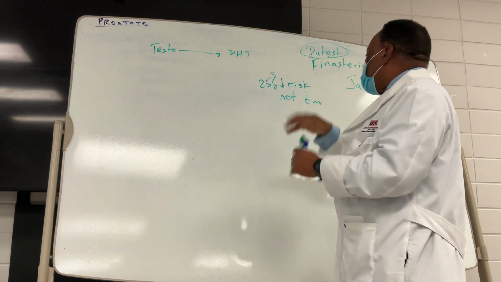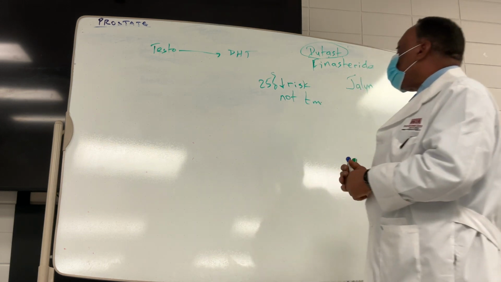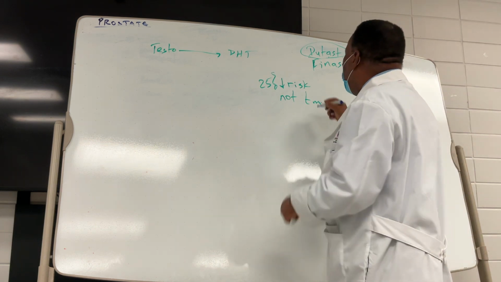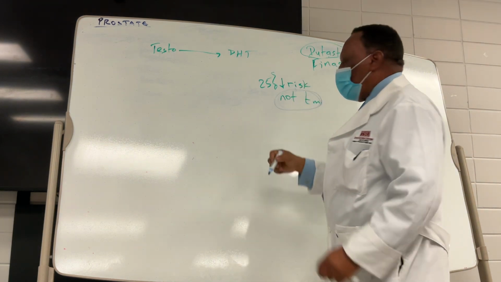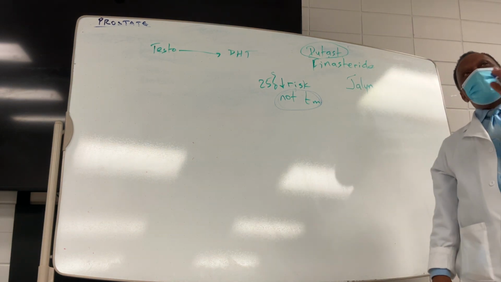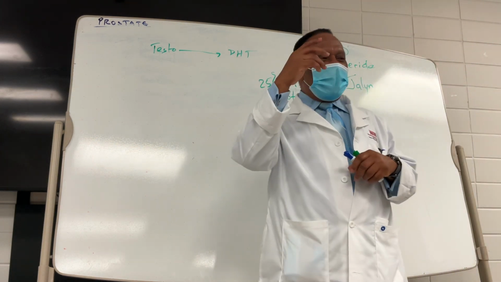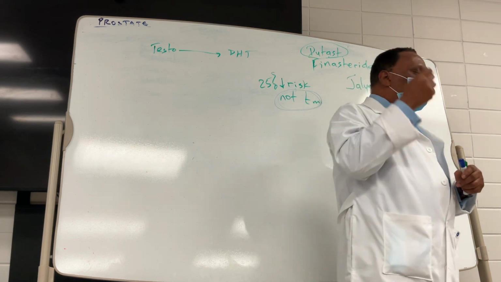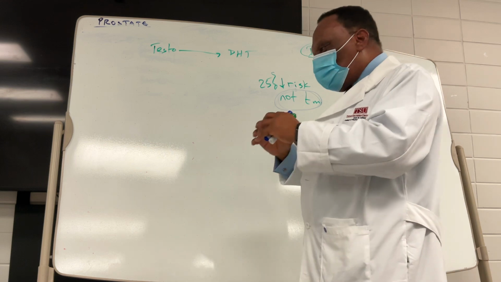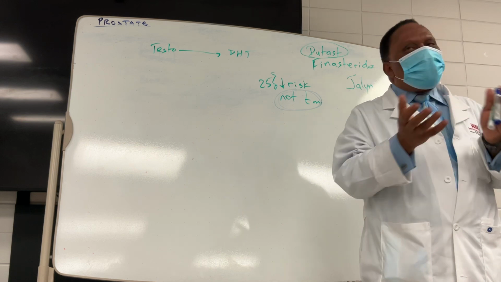Of course, they're designed to shrink the prostate, but they're not really designed for the complete treatment of prostate cancer. In fact, if you use a 5-alpha reductase inhibitor for too long, it may even increase the virulence of the prostate cancer. Okay. So it's best at the early stages to prevent the increased growth of the prostate.